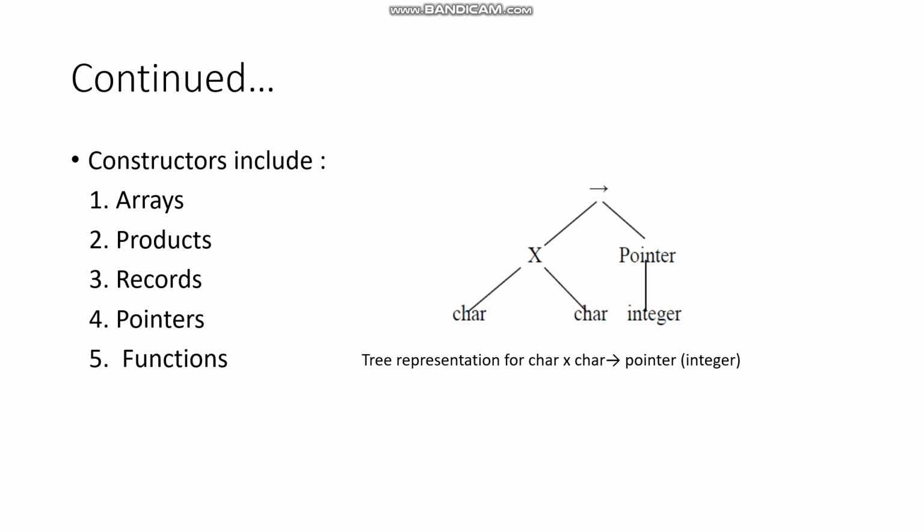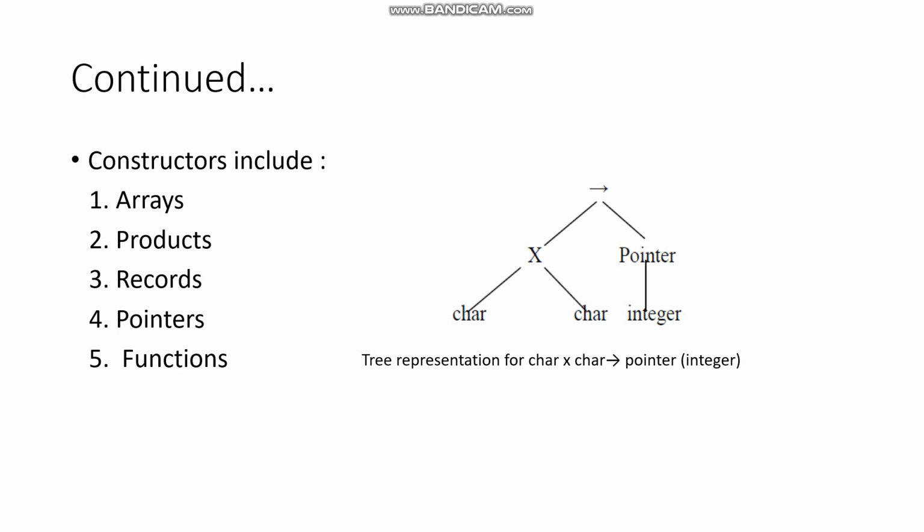Next is the product. If T1 and T2 are two type expressions, then the Cartesian product T1 × T2 is also a type expression. Third is the records. The difference between a record and a product is the names.